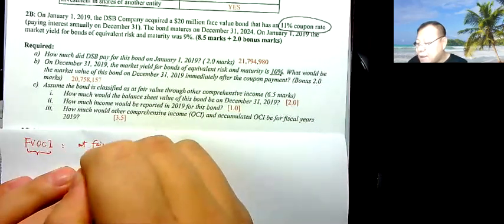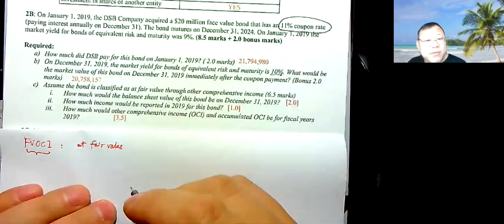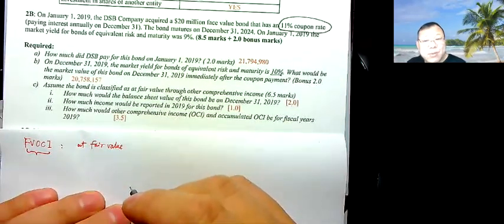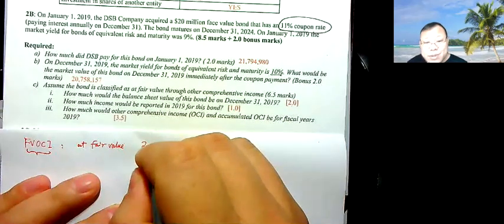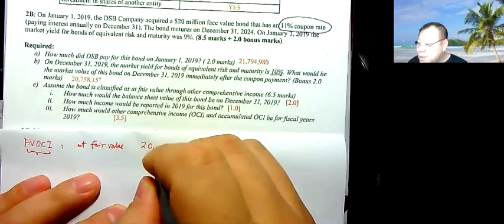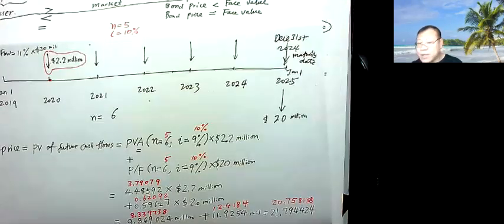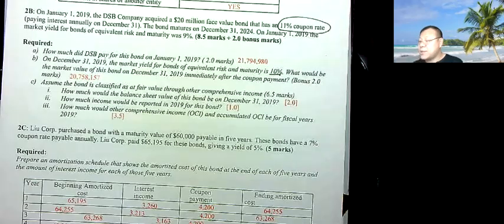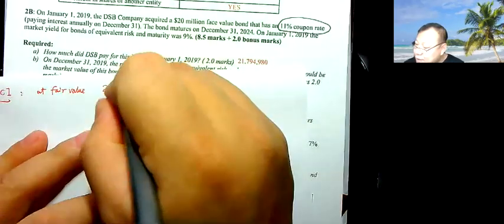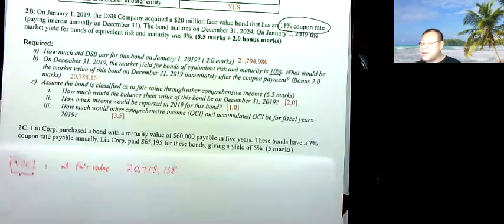So what's the fair value of the bond on December 31st, 2019? It is 20 million 758,138. That's the fair value.